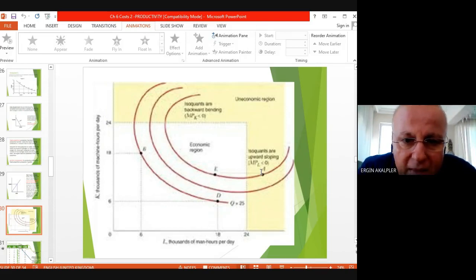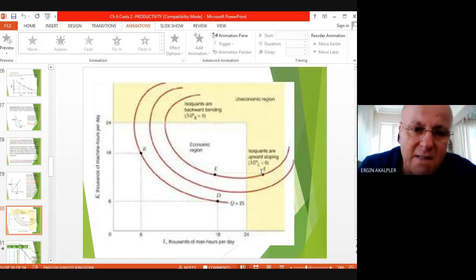The backward bending on both sides and upward bending of these colored areas is not economically acceptable or profitable. As you understand from this curve, the isoquant curve mustn't be backward or upward bending or sloping for economic profitability.